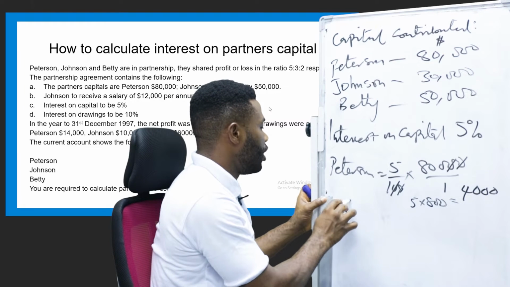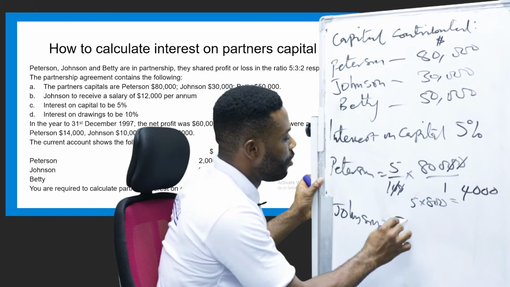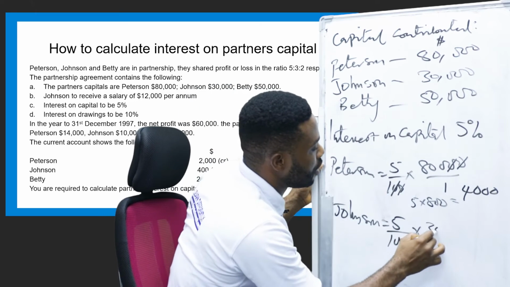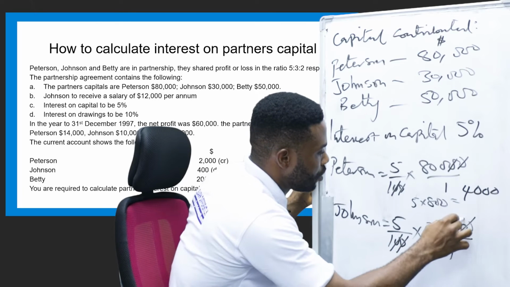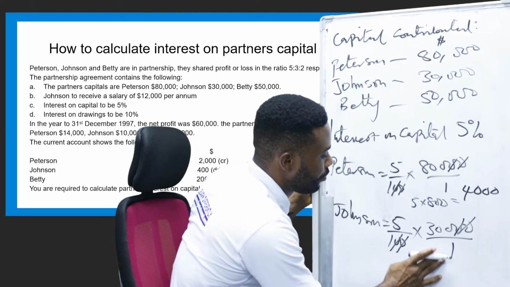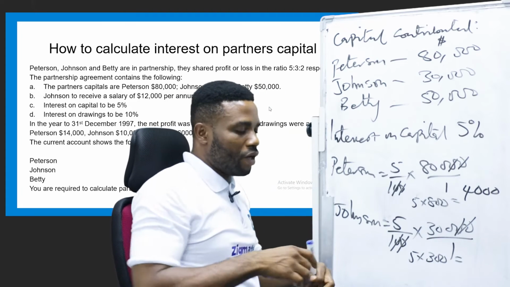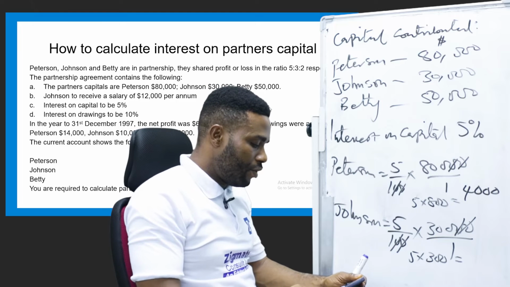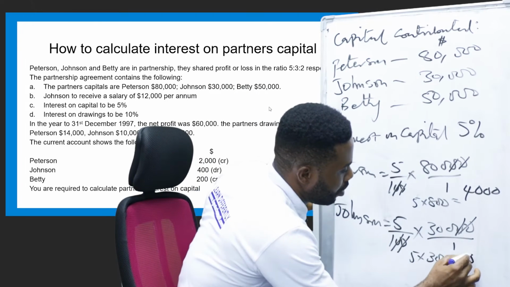Then for Johnson, you have 5 over 100 times 30,000 over 1. Here we cancel, and you'll be left with 5 times 300. Let's quickly use our calculator again. 5 times 300 will give you 1,500.